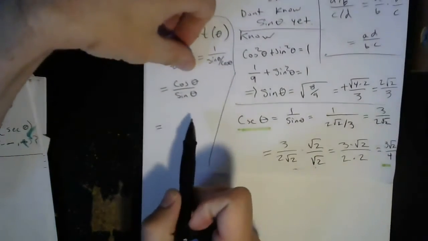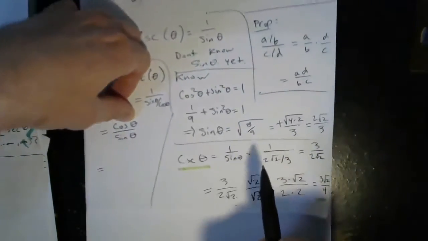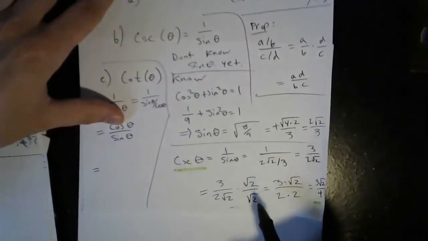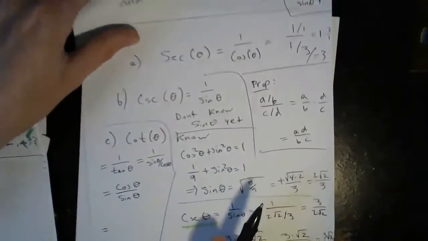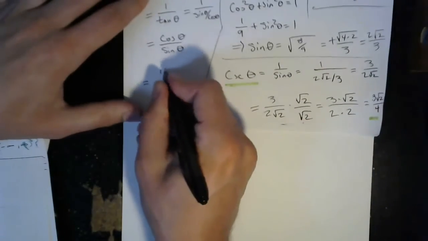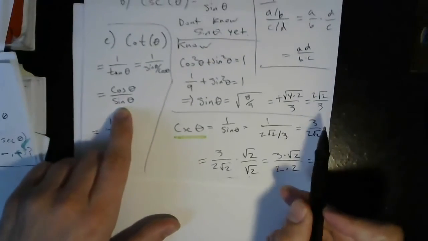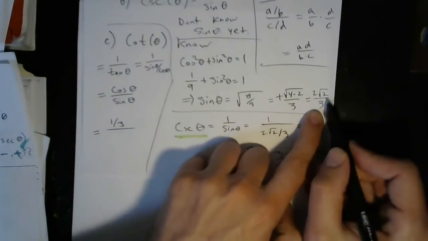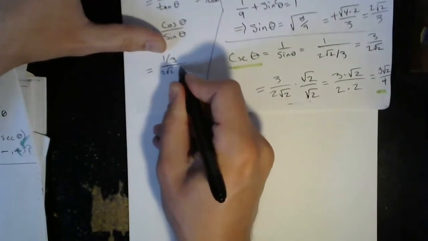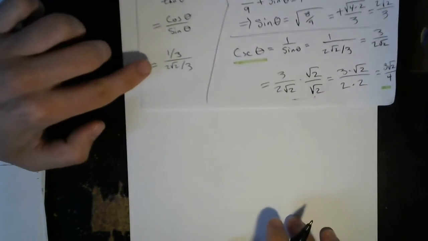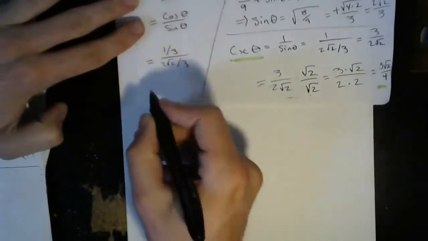Why do I mention that? Well, the reason I mention that is because we have cosine and sine. Well, we either have those or we just figured it out, right? Cosine is a third, that was given. So we have a third on top. And then sine, we just figured out over here, sine is 2 root 2 over 3. So we get 2 root 2 over 3. Fraction of a fraction, top fraction stays the same.